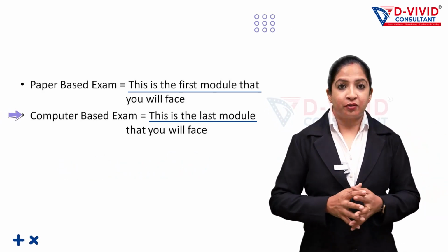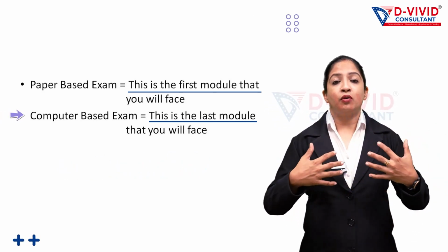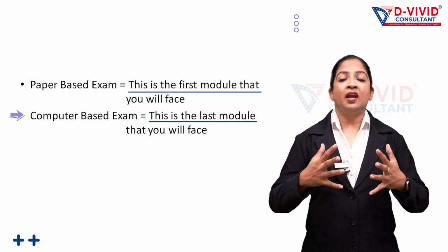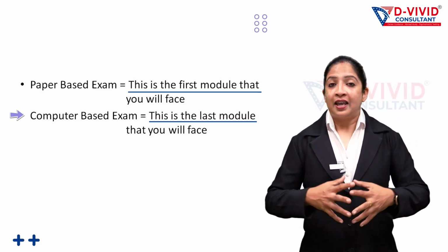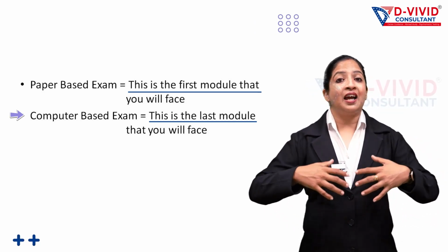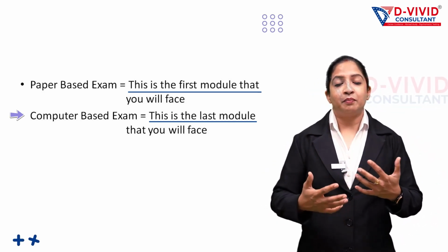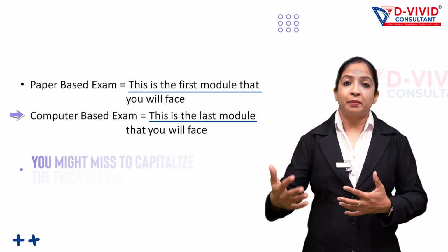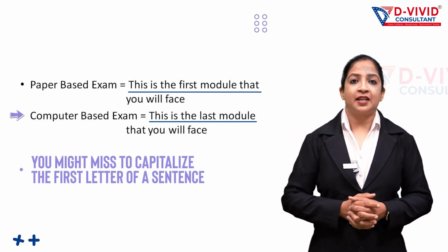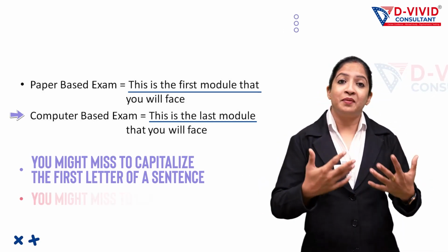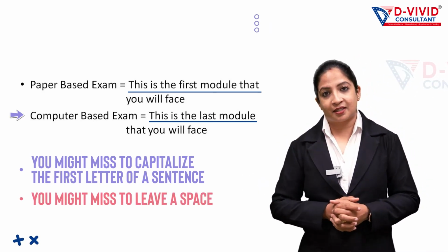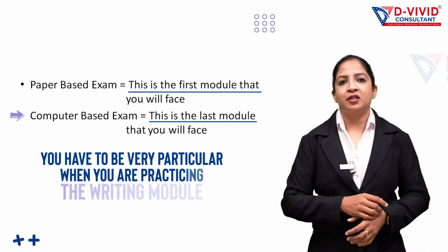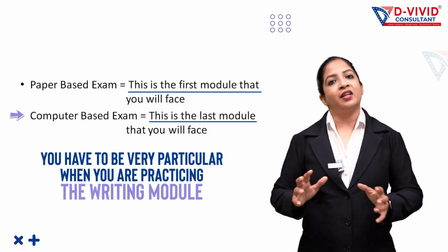If I talk about computer based, if you don't have that speed of writing, at the end you won't have time to check your content, and because you are typing, there are chances that you might miss hitting a key, or you might miss capitalizing the first letter of a sentence, or you might miss leaving a space. So friends, you have to be very particular when you're practicing the writing module.